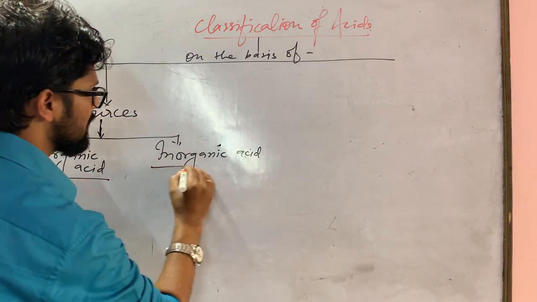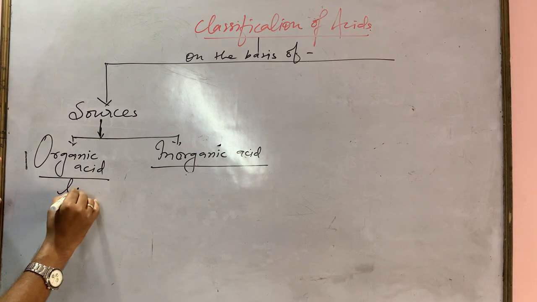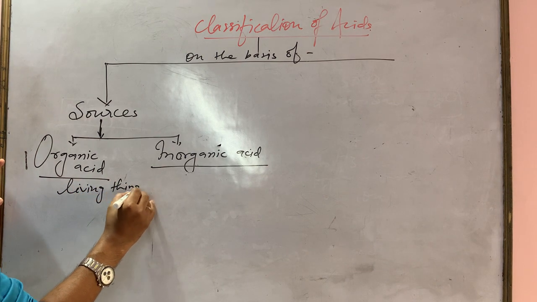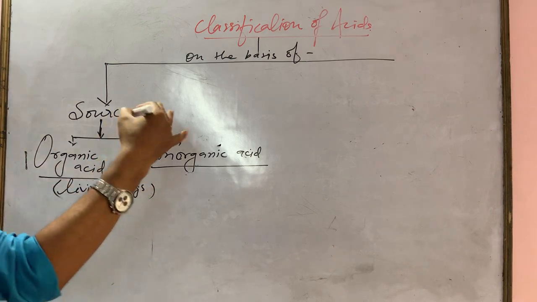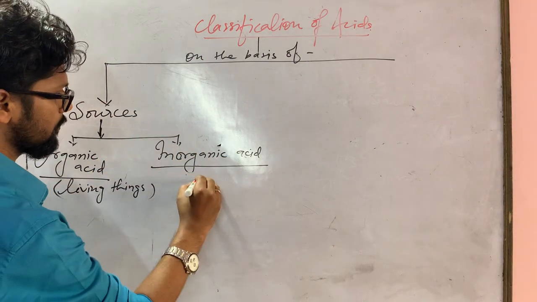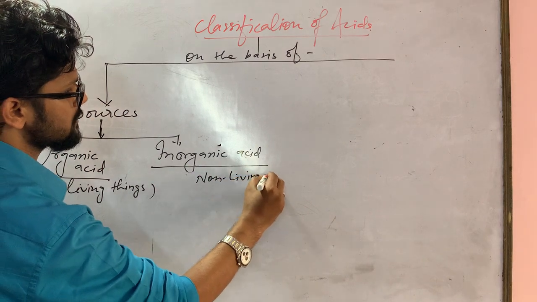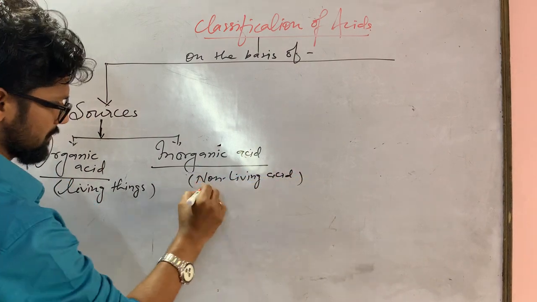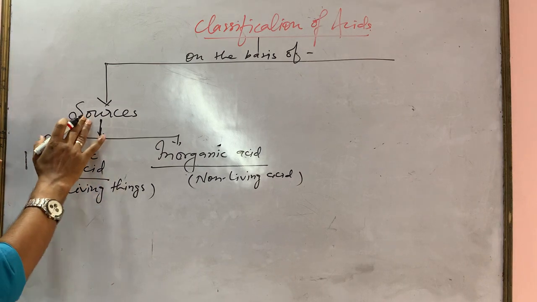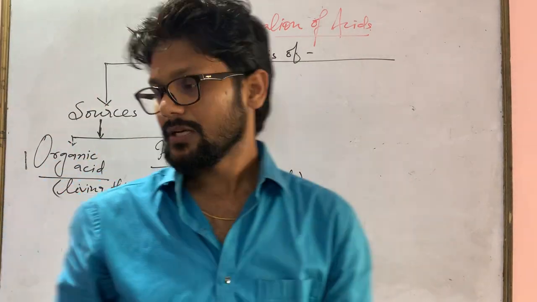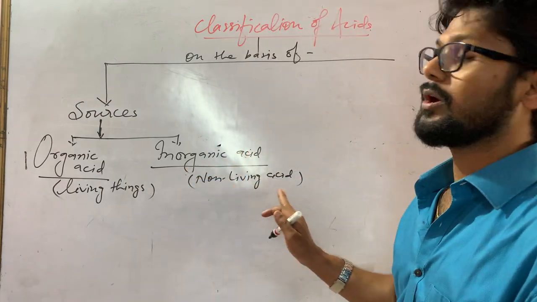Organic acid occurs from living things, and inorganic acid occurs from non-living things. This is the difference in where it occurs from. So the source for organic acid is living things. The source for inorganic acid is non-living things.